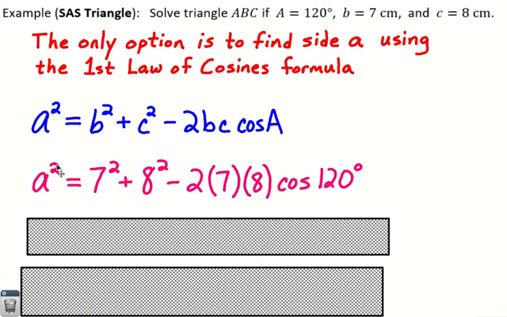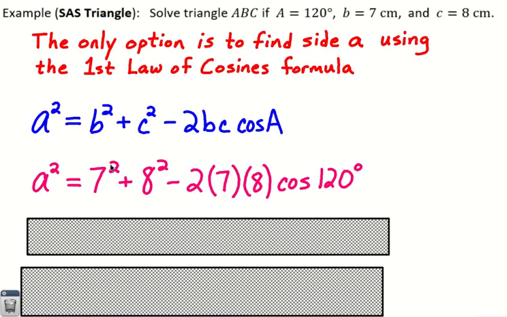So what do we have to do to solve for a? Well, we should probably do all of this first. This entire right side can be simplified, and just make sure you're not doing it out of order. You know, the whole please excuse my dear Aunt Sally stuff.